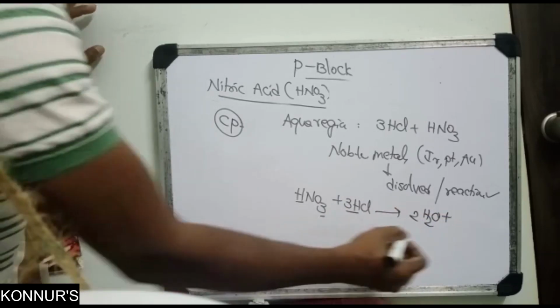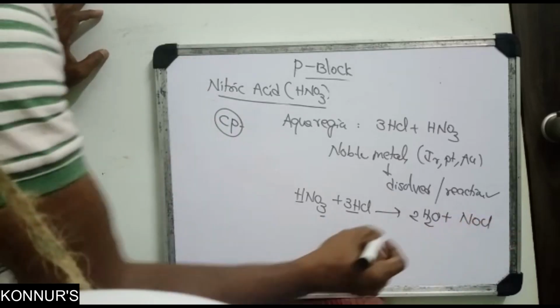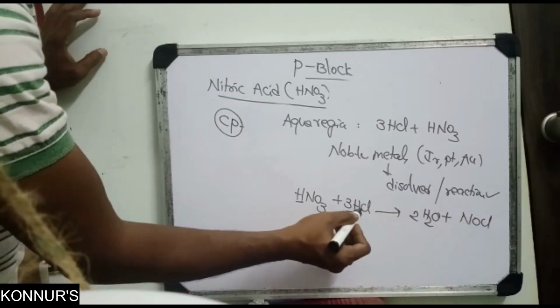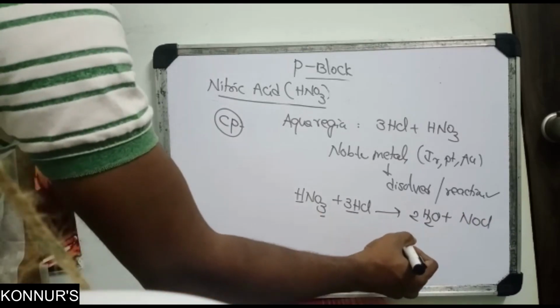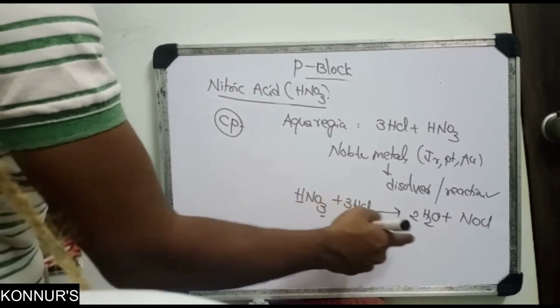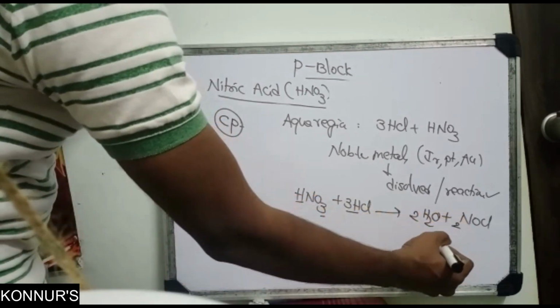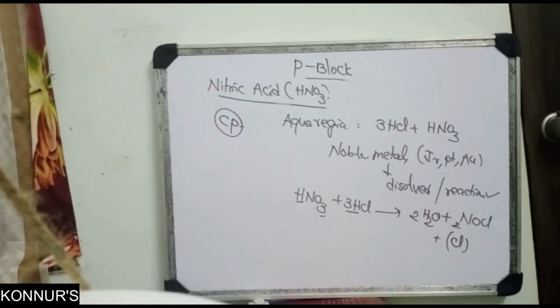So here NOCl also goes outside. Next, 2 nascent chlorines, NO2Cl, I think 2 NOCl. So nascent chlorines are available.